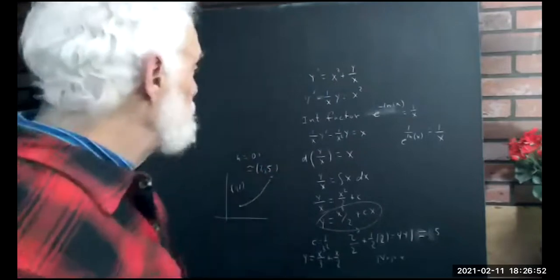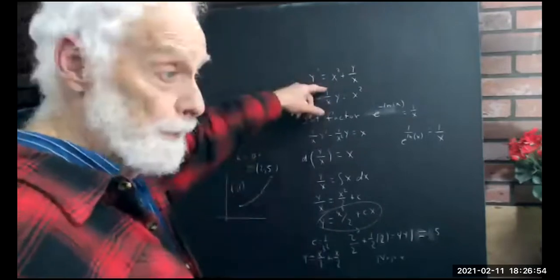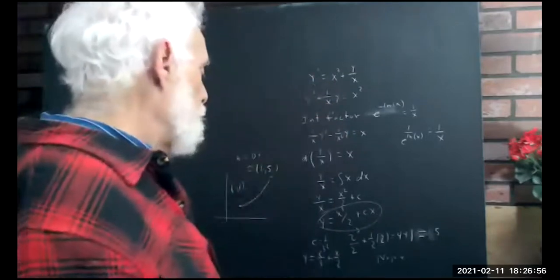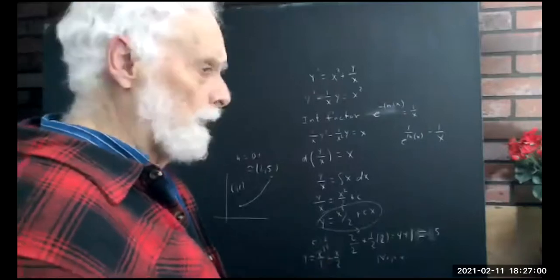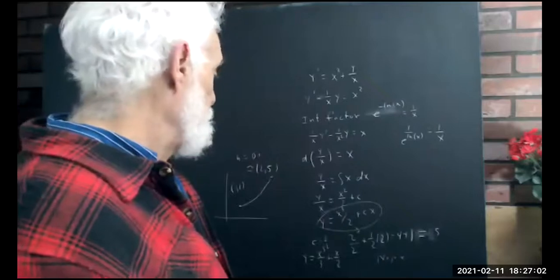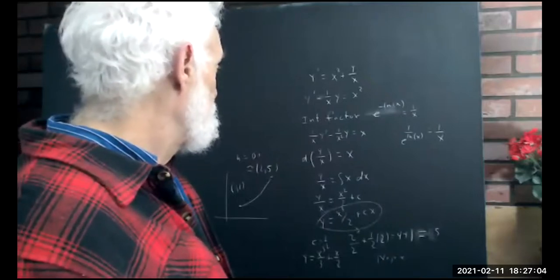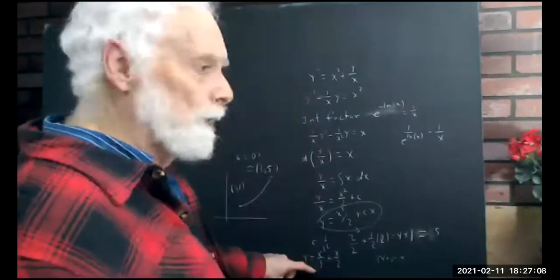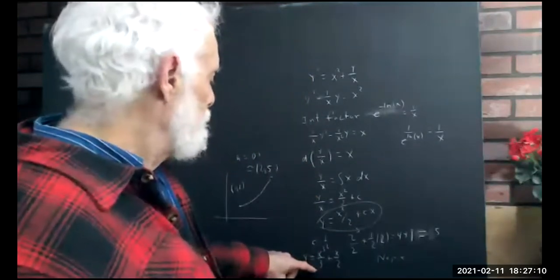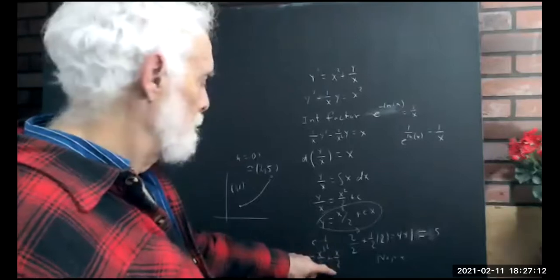Well, all that's great, but now if I plug this back in up here, y prime is going to be x squared over 2 plus 1/2. Okay, well, we get an x squared over 2. We get a 1/2.